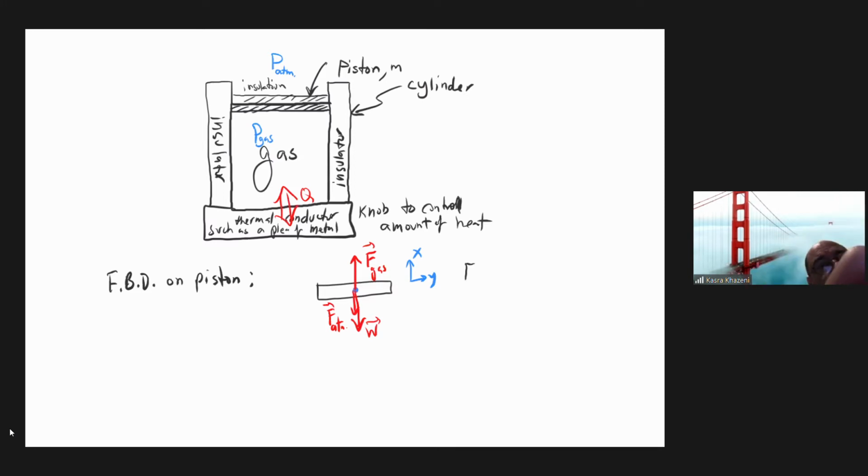So F of the gas minus F of the atmosphere minus mg, they all have to add up to 0. Right? So F of gas minus F atmosphere minus mg is 0. Then F of gas is F of atmosphere plus mg.